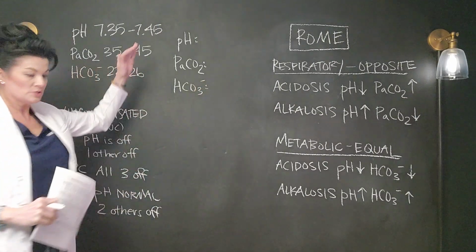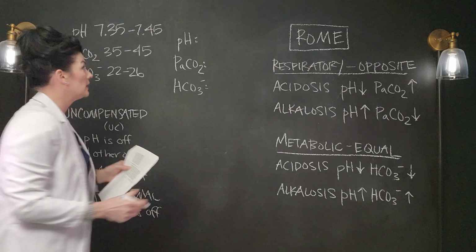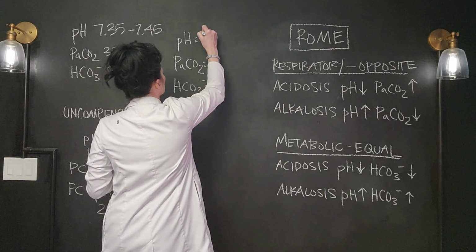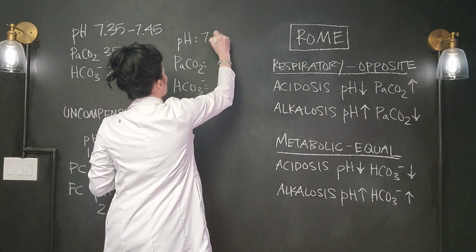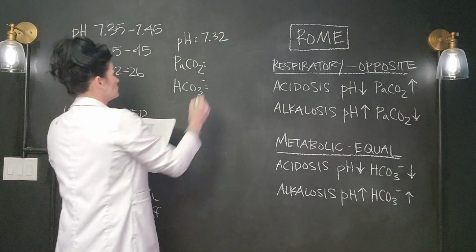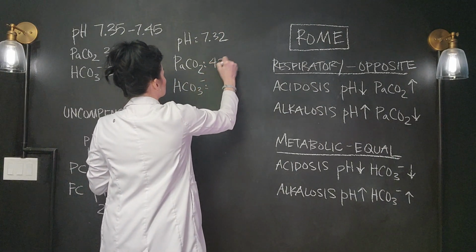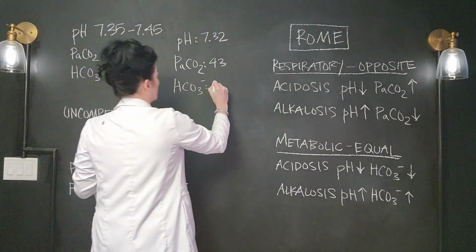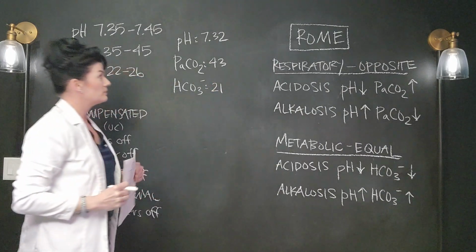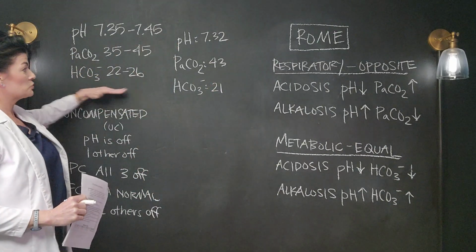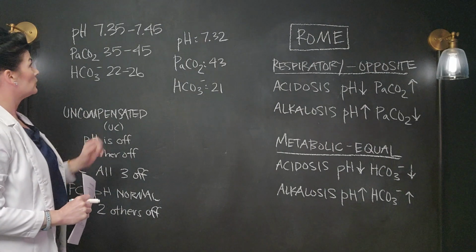Okay, so just starting with that value here, okay? So I'm going to give you some lab values, and then we are going to work through it. All right, so we're just going to use our reference range right here as we start to go, okay?